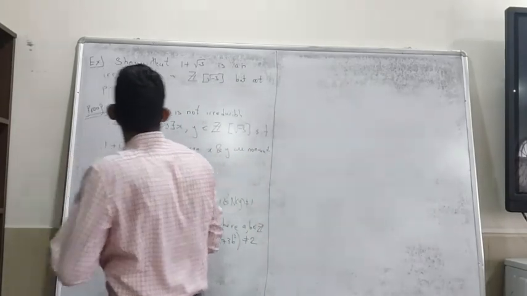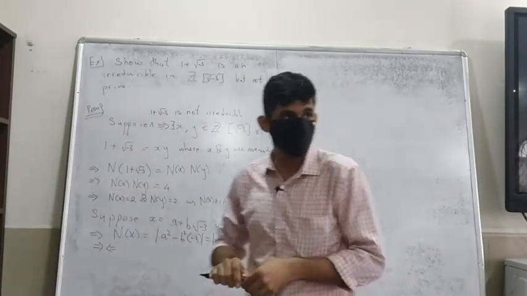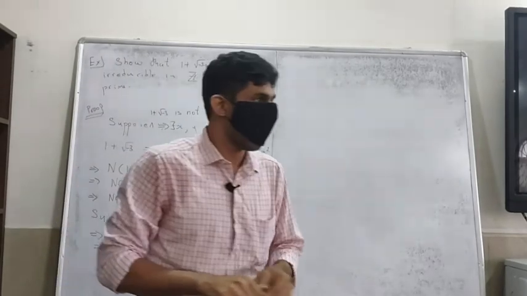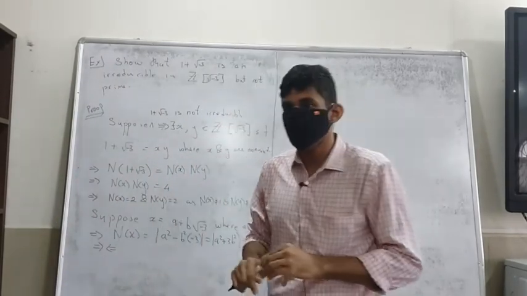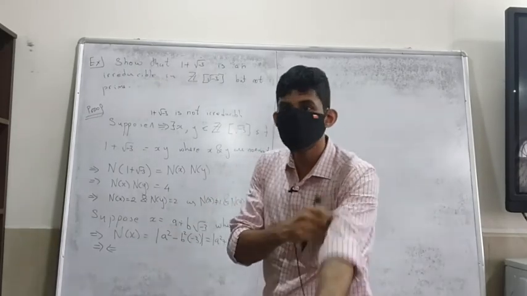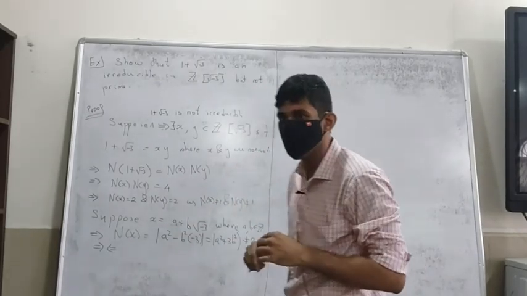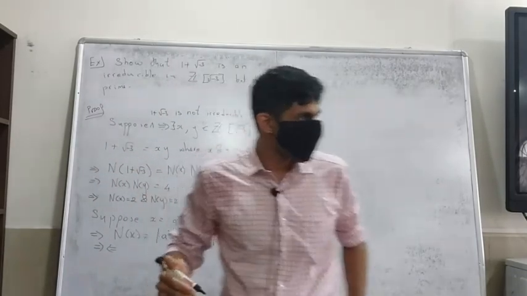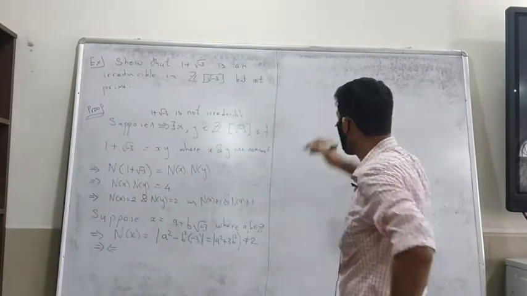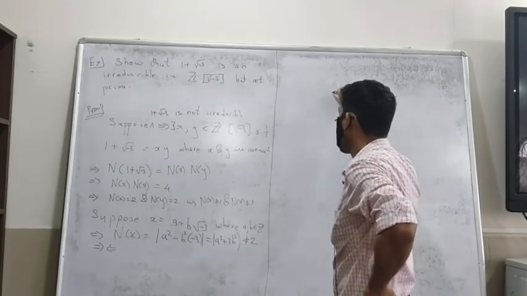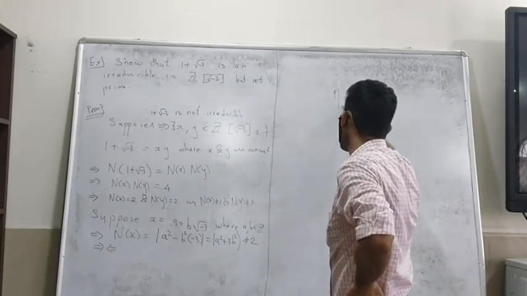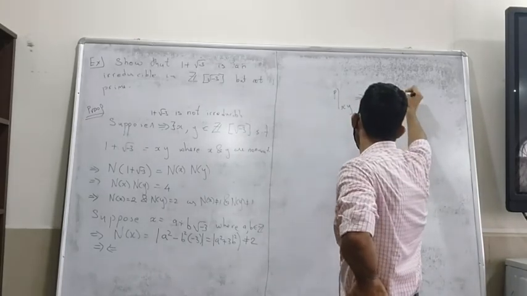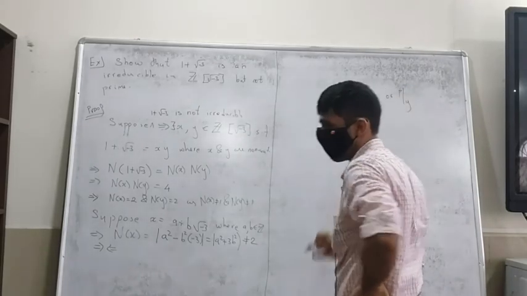We now need to show it's not a prime. So how do I show it is not a prime? So what is a prime? When is p a prime? If p has the property that when p divides xy, then p should either divide x or p should divide y.